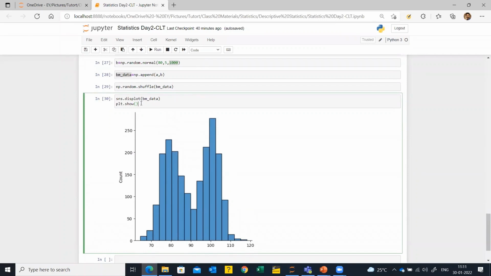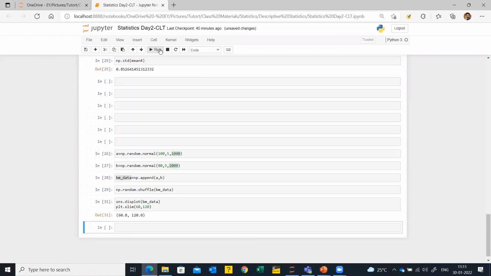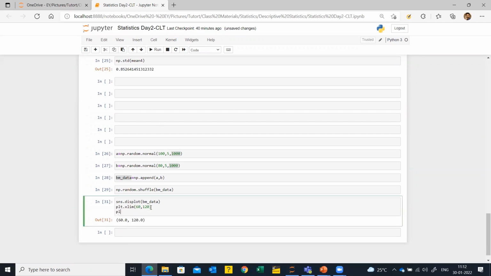And when I use a displot, I can do one more thing. I can limit this to, for example, 60 to 120, so it will not give me data which is less than 60. Maybe I shall do something like 60. We'll need to show again, I guess. plt.show.